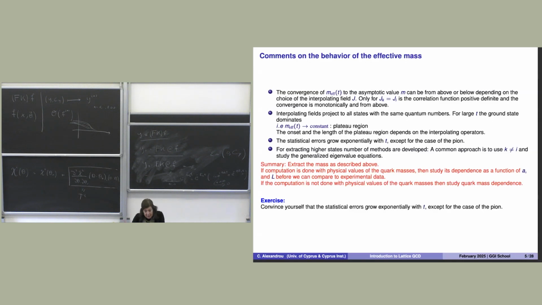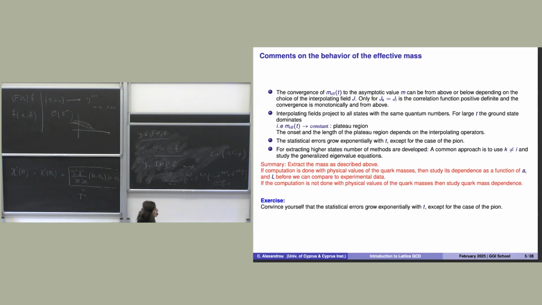The larger my sample, the smaller the error. But I always have a statistical error in every simulation. And this grows the longer I evolve in time. So this is why it's very important to get the signal as soon as possible.